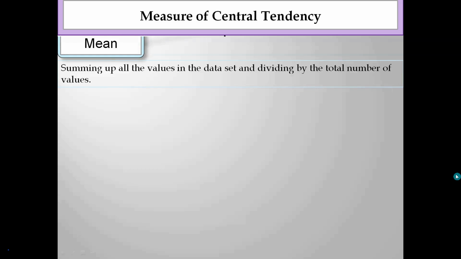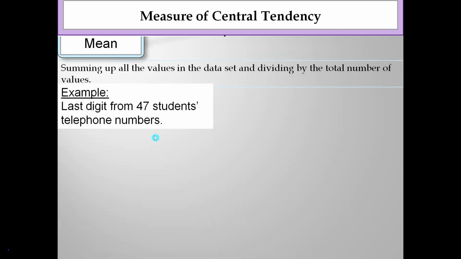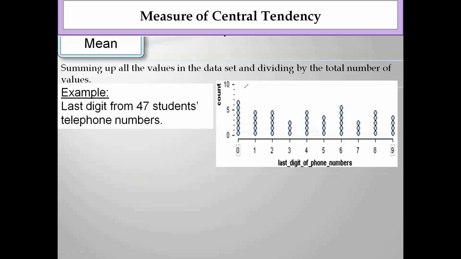Let's go over a sample mean question. Let's say we sample 47 students out of a school and ask for the last digit of their telephone number. What we end up doing here is looking for the mean, or the average. Sometimes we're going to think of this as a weighted mean.